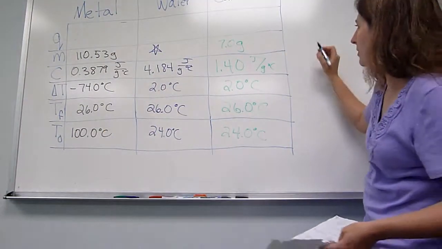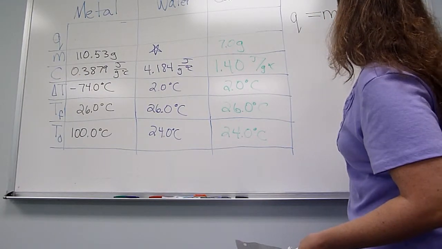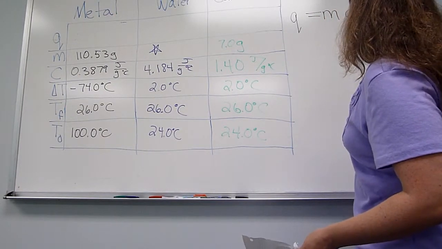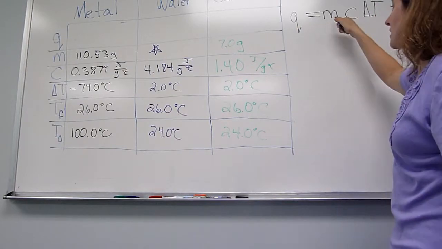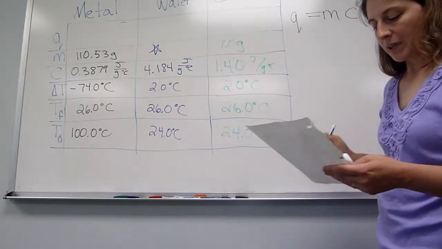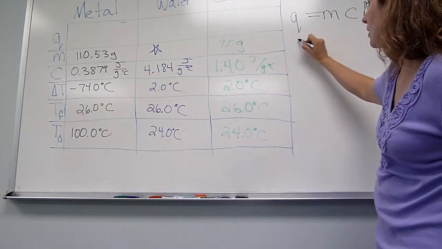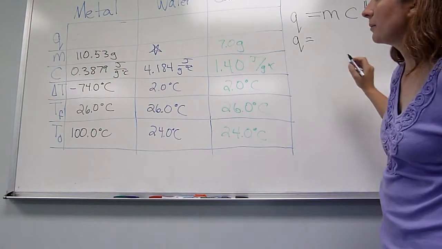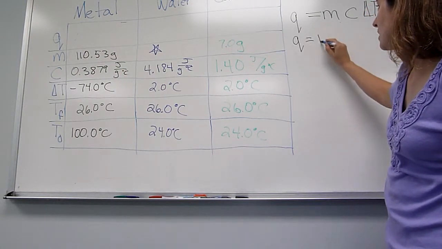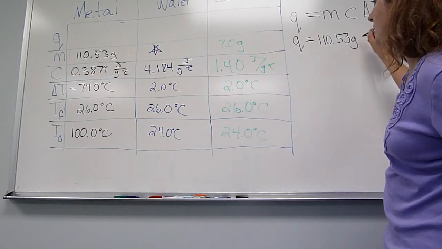We use our calorimetry equation, Q equals M times C times delta T. Heat is mass times specific heat times change in temperature. Okay, so we can look over here, say we don't know the heat of the metal, we need to find out. We do know the mass of the metal is 110.53 grams.